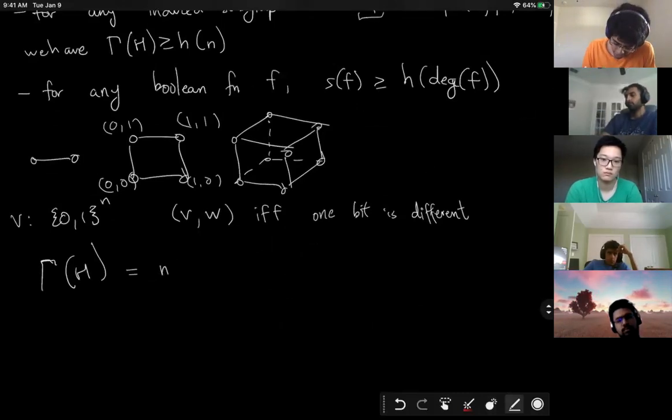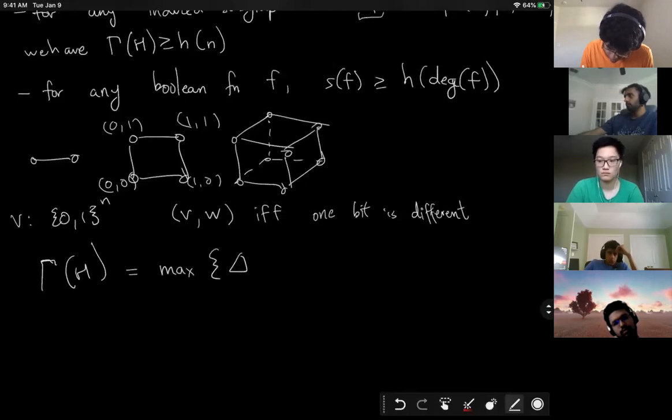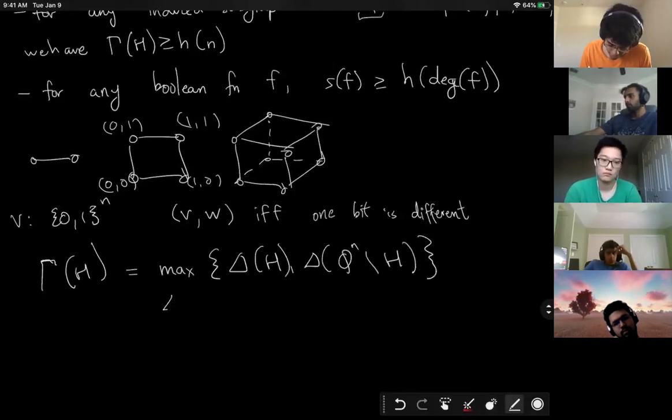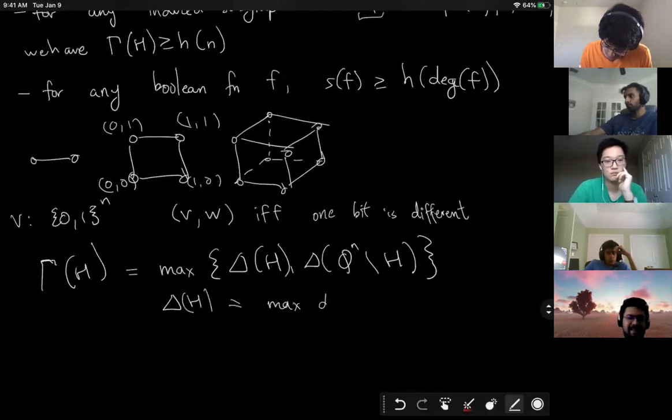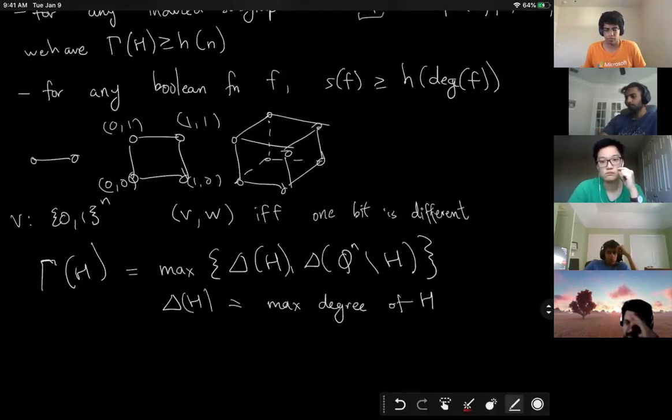It's the max of delta of h and delta of the complement of h, and delta of h is the max degree of h. Does this make sense?